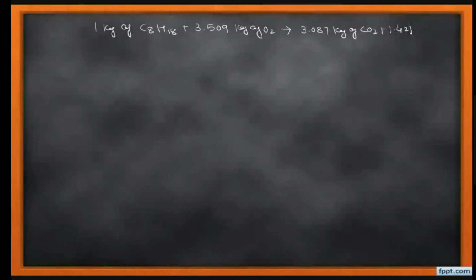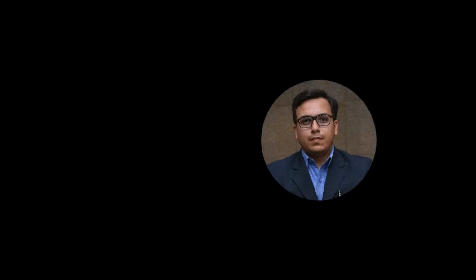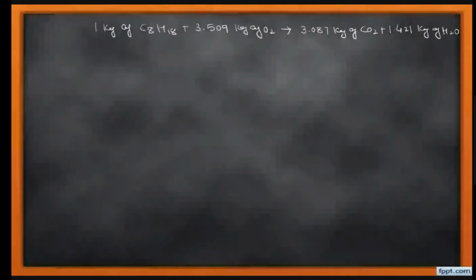Now students, the meaning of this expression is that 1 kg of petrol needs 3.509 kg of O2, and it produces 3.087 kg of CO2 and 1.421 kg of water, or H2O, for complete combustion.